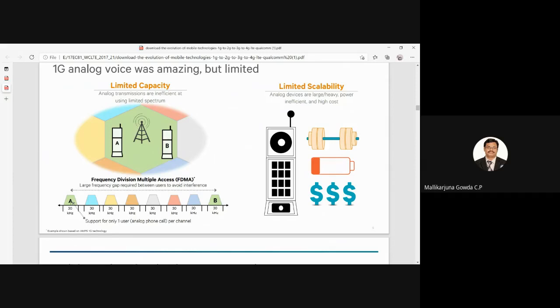Just for illustration, he has given the example of user A and user B. Between these two users, so much gap is required. In case of 1G, each user requires a bandwidth of 30 kilohertz, so that is why it is given here. It supports only one user per channel.